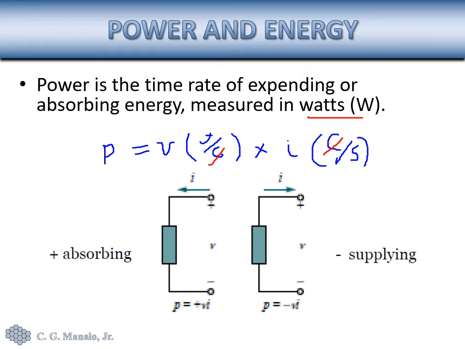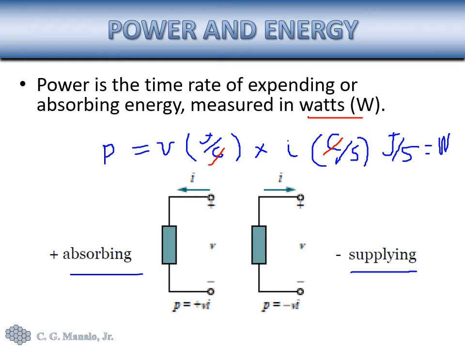Now the unit for power is joules per second, and 1 joule per second is equal to 1 watt. Now, power can either be absorbed or supplied by an element. How do we know whether it is absorbing or supplying power?